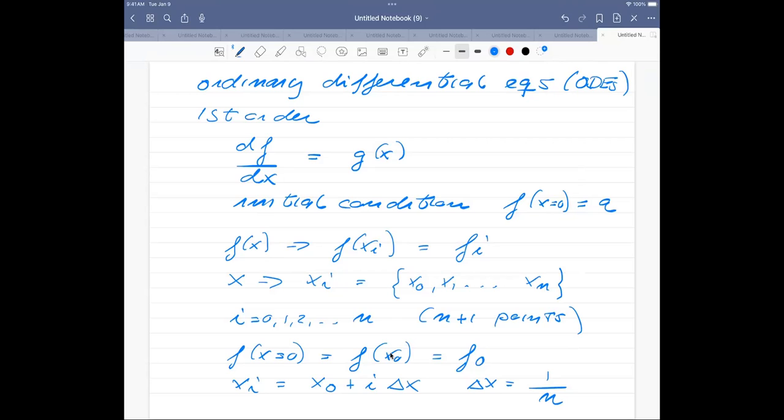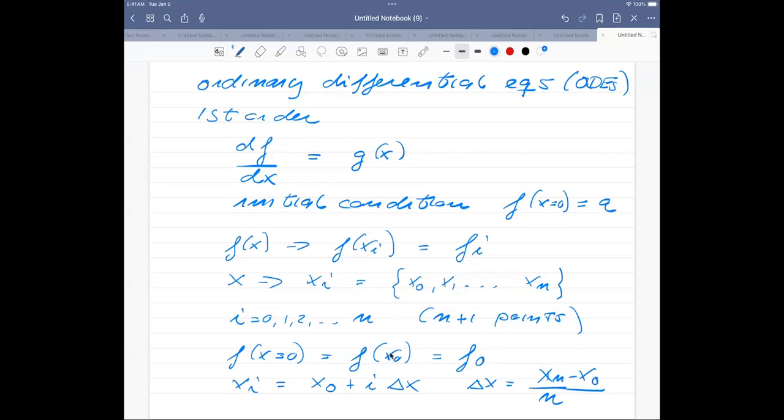Now we have made an assumption here where xn is equal to 1, but in principle, we should actually have xn minus x0. If we put x0 to 0 and xn to 1, then this is just 1 divided by n. This is the way we would typically define the number of integration points or discretization points. Often you will hear these called mesh points or grid points. I'm going to call them interchangeably either mesh points or grid points. There are many different words for the same quantity.